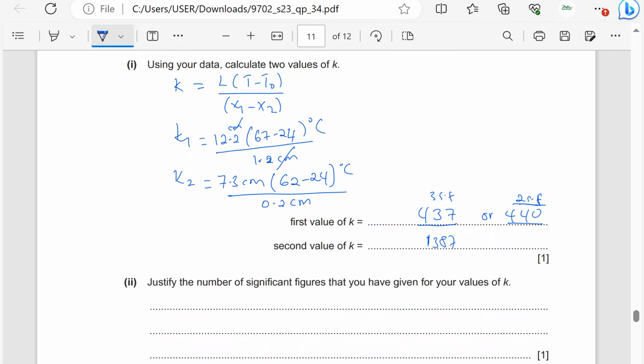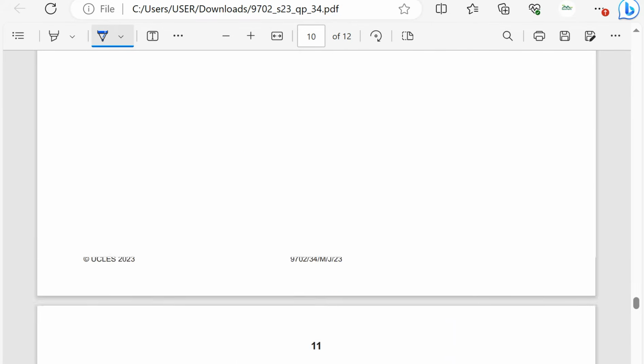I have to choose the result of another student, because this is a large percentage difference. Okay, I'll use another student's results.